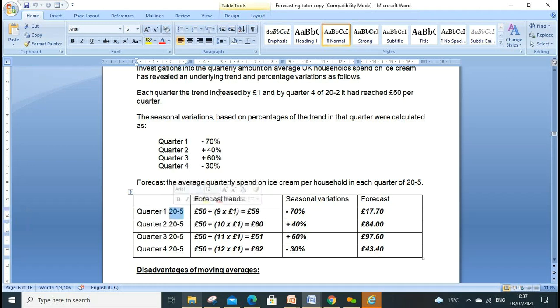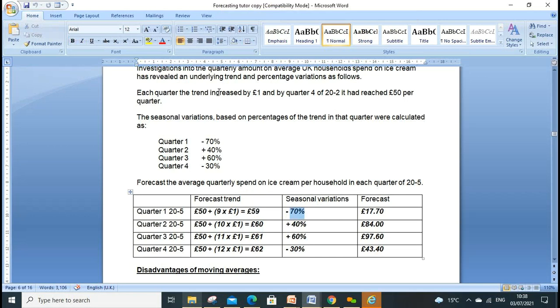We have 20x3, 20x4, and we're doing 20x5. Every year we have 4 quarters, so we are looking at the figure for quarter 9, in year 5. If it's an increase of 1, the trend will be 59, then 60. Then we look at the seasonal variation.